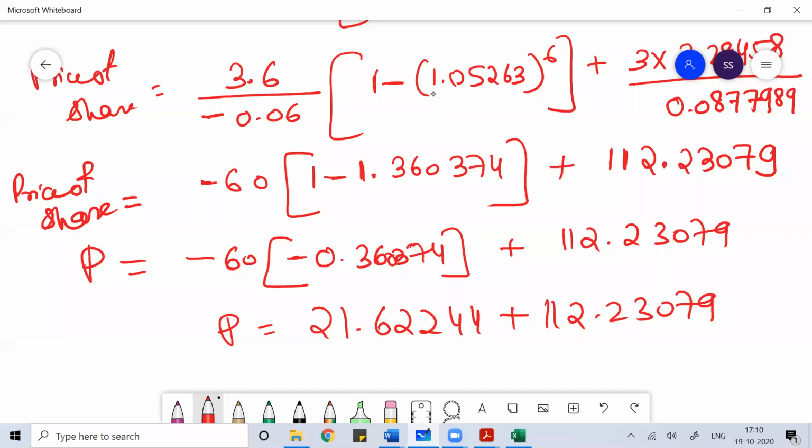So you will get the price of share as 133.853, something like this.